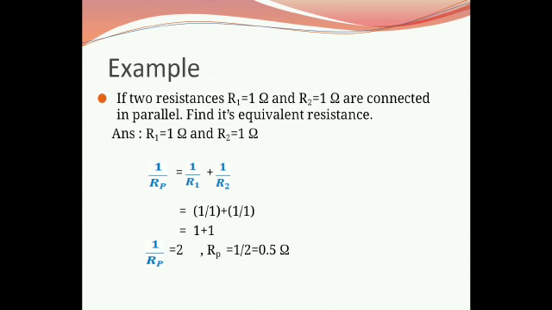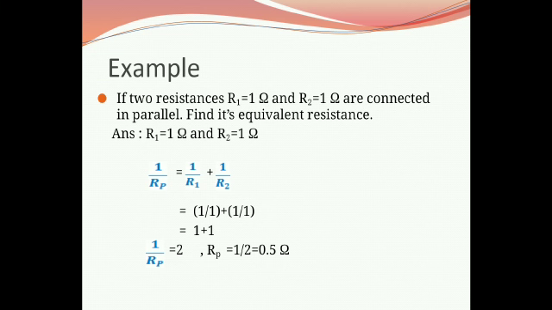Now we solve one example on resistances connected in parallel combination. If two resistances R1 equal to 1 ohm and R2 equal to 1 ohm are connected in parallel, find the equivalent resistance. First write down the given values: R1 equals 1 ohm, R2 equals 1 ohm.